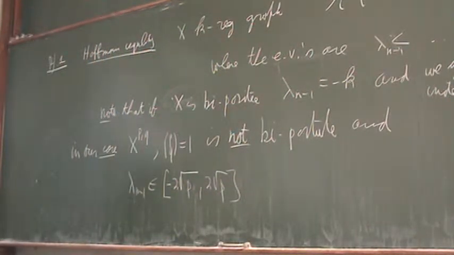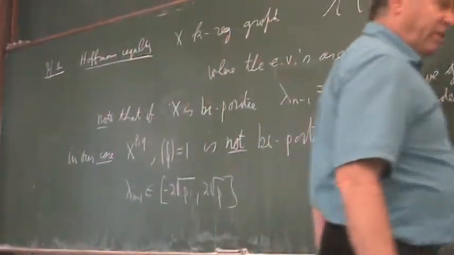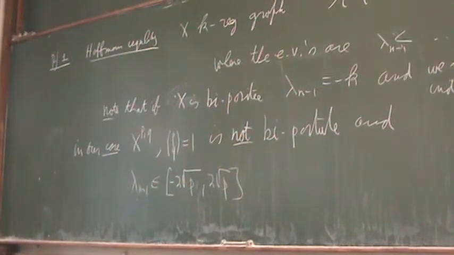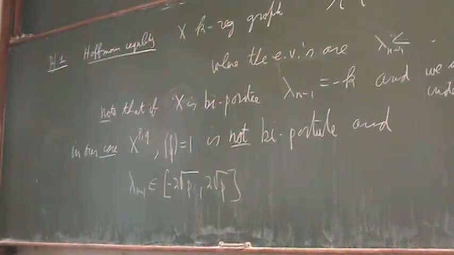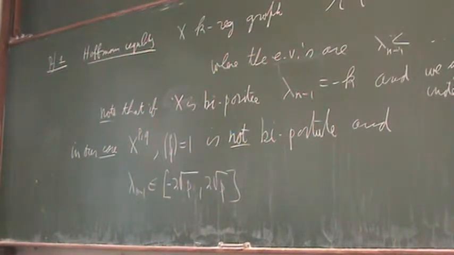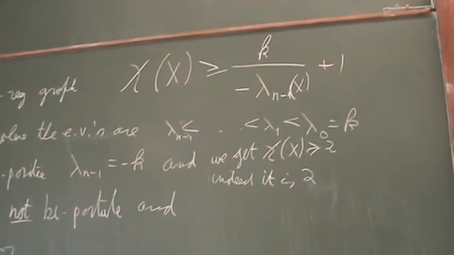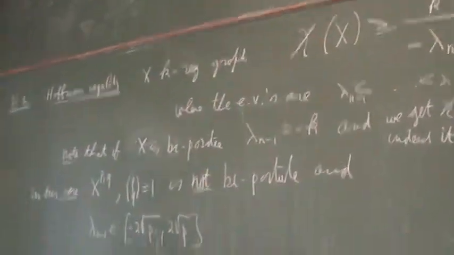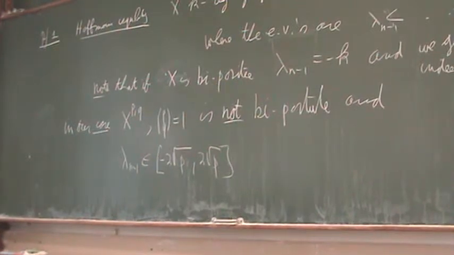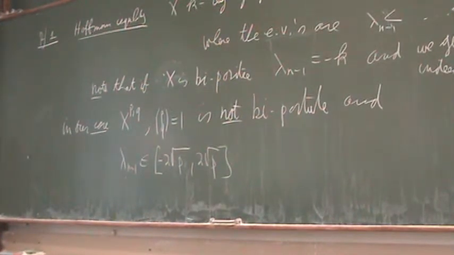Right? How do you know it's negative? Oh yeah. It's impossible that all eigenvalues will be positive. The sum of the eigenvalues is the trace. We're talking about the adjacency matrix, so the trace is zero.